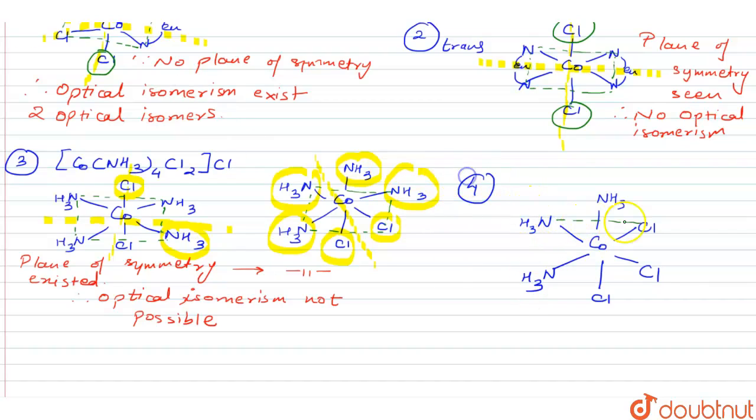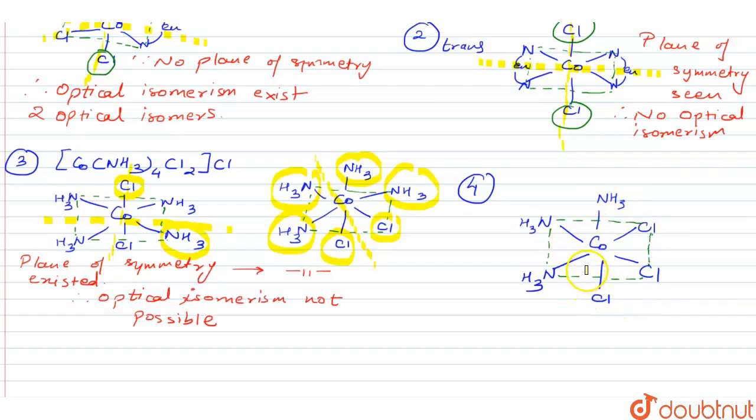In this case, these 4 ligands are going to be in the same plane. Perfect, and now let us analyze it. We are having 2 NH3 on this side, 2 Cl groups on this side, and these two groups, that is NH3 and Cl, above and below the plane.